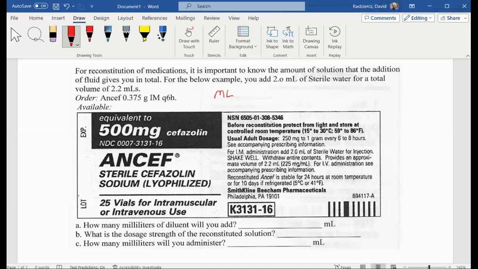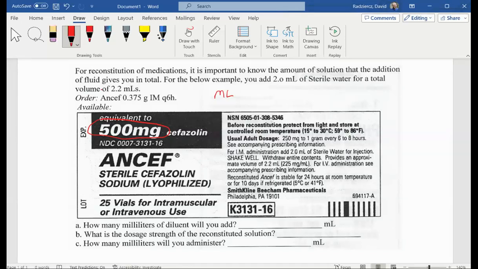The trick for knowing that you're dealing with a reconstitution, because it may not have all this extra information listed like for reconstitution, is that you're going to see a strength listed. It'll say 500 milligrams. In a typical liquid oral-based medication, think Dilantin.